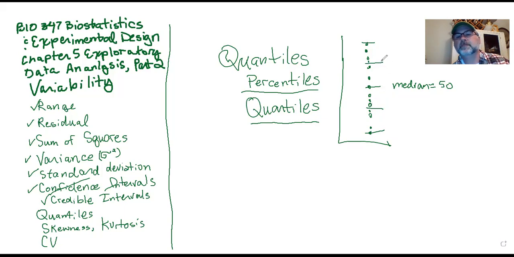Okay, so this would be the top 75 to 100, 50 to 75, 25 to 50, and 0 to 25.